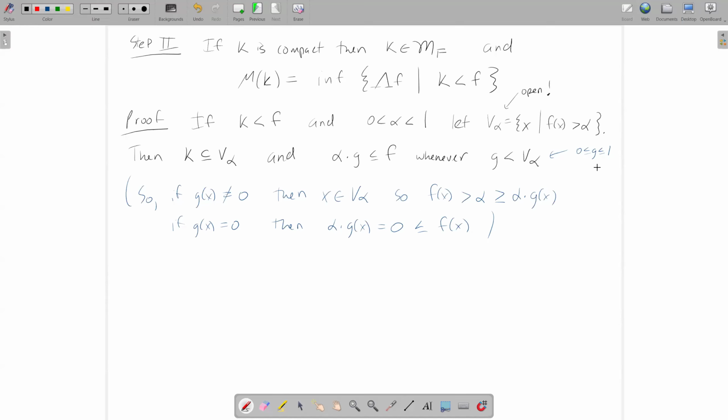Okay. So now, because we have that, we get that the measure of K is less than or equal to the measure of V alpha.